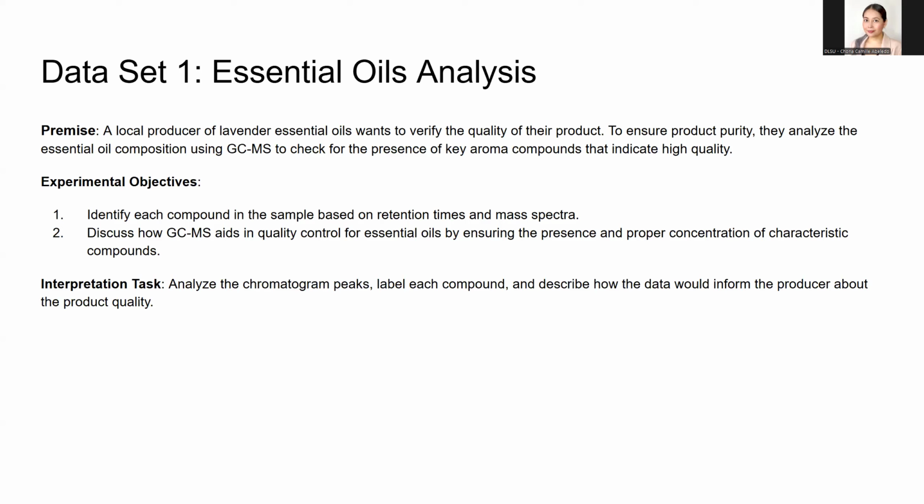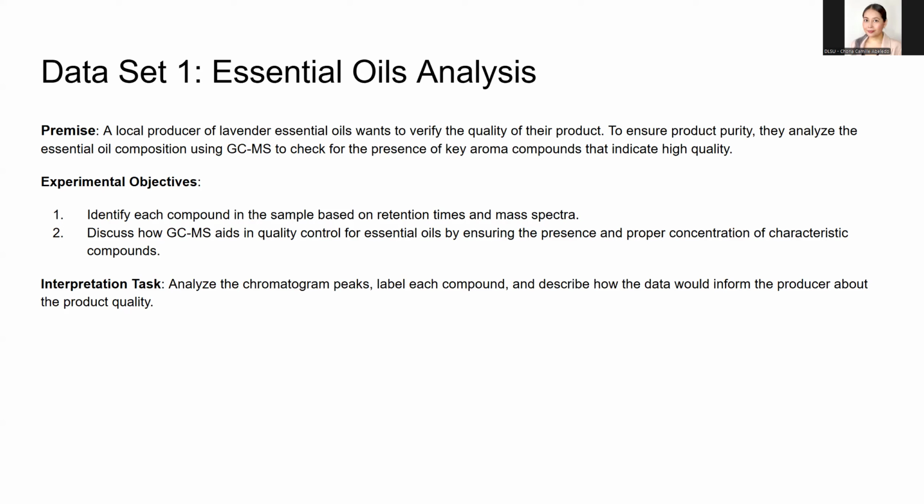So your premise is that we have a local company that produces lavender oils and they want to do quality control of their product. So to ensure product purity, they want you to analyze the essential oil composition using GCMS to check for the presence of key aroma compounds that indicate high quality.